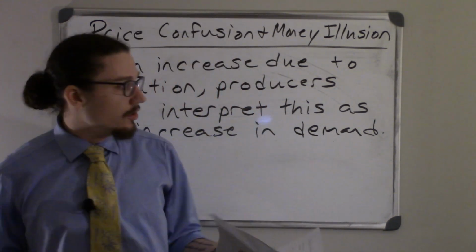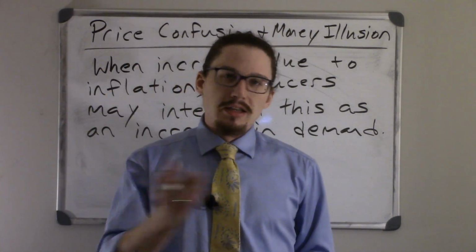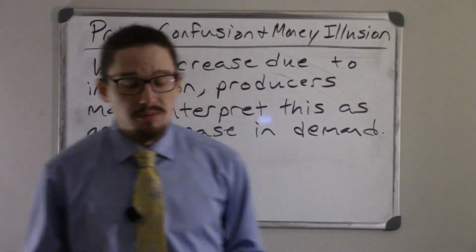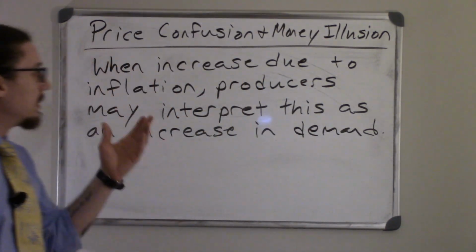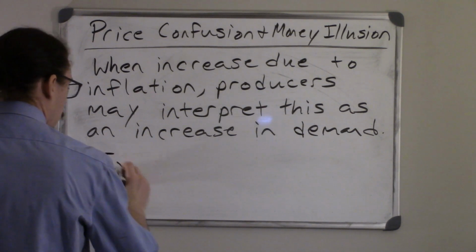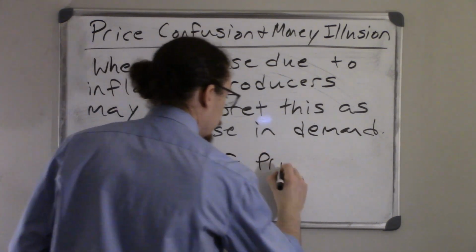Right? So producers create all of these extra units of the good, even though nobody wants it, and they're kind of just wasting resources, right? They're not using them effectively. All right, this is an example of price confusion.